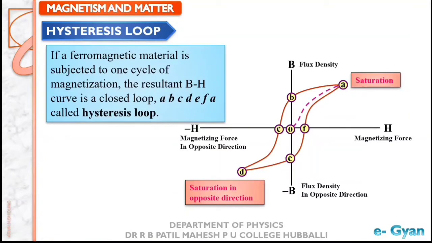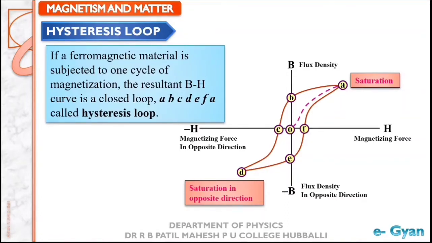We are plotting a graph of B versus H for the magnetization of the ferromagnetic material, and thus we get a loop. Let us study this hysteresis loop in detail now.